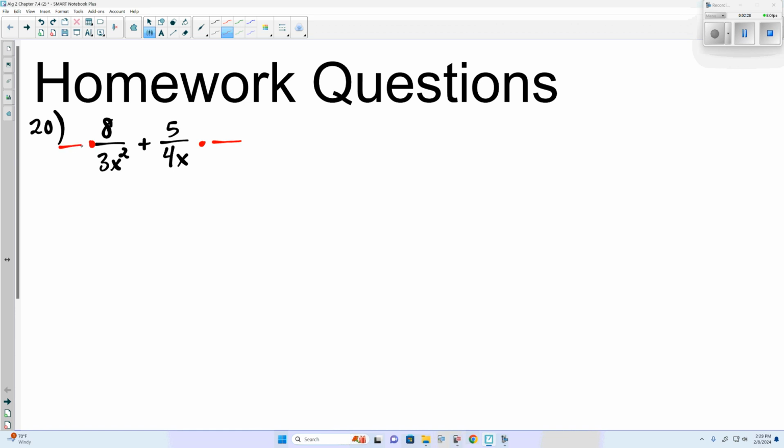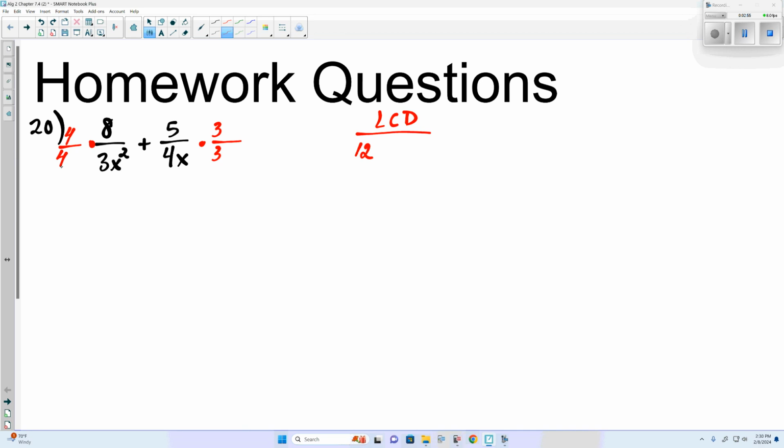All right, number 20. For us to be able to add or subtract, we need the denominators to be the same. Now with 3 and 4, we need to figure out what's the first number that will turn them into the least common denominator. Well, the first number is 12. So with our 4, we would need to multiply it by 3, and the 3 we would need to multiply by 4.